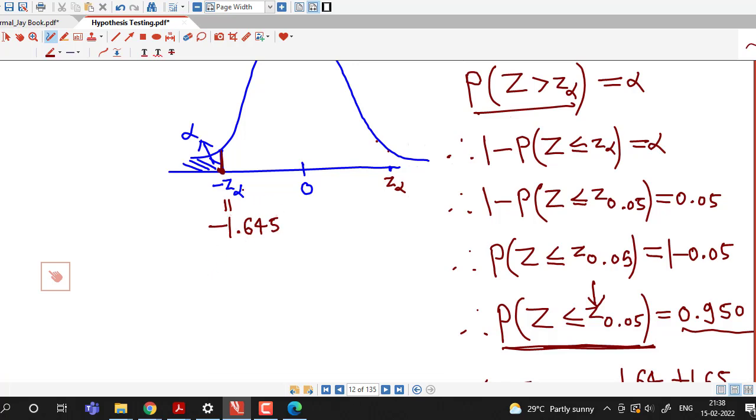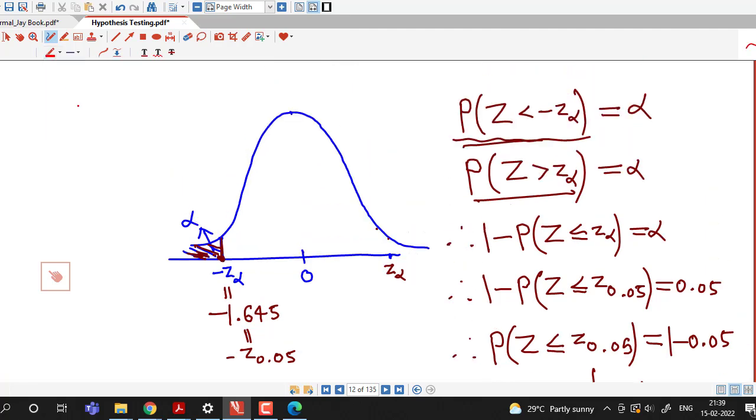So from this we can see that the area to the left of this value, minus z suffix 0.05, is alpha, 0.05. If we consider this area which is to the left of minus z alpha, then this is the rejection region. If the value of the z statistic falls in this region, then we can reject our null hypothesis.